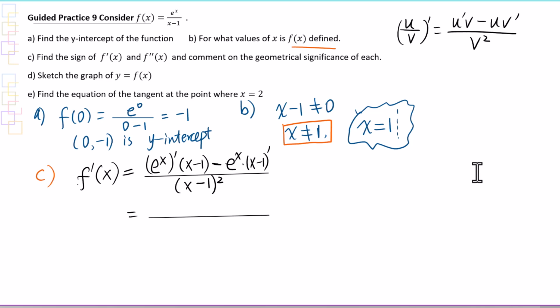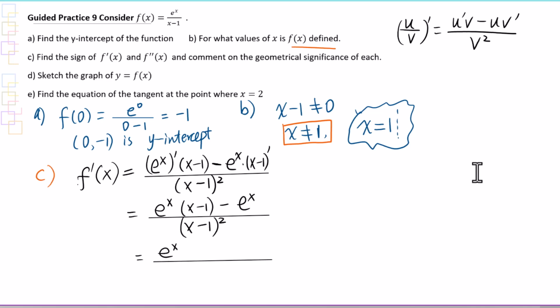Simplify. (x minus 1) squared as the denominator, e^x times (x minus 1) minus e^x.